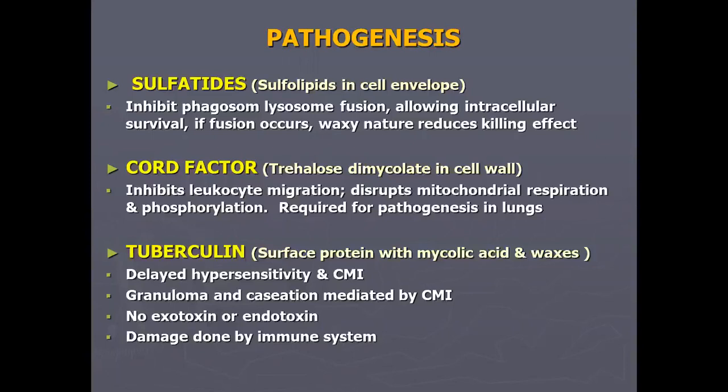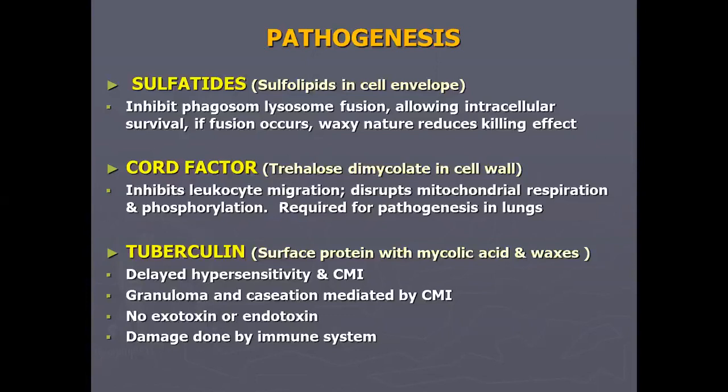Now what happens, once the organism enters into the body, it infects the alveolar macrophages along with other reticuloendothelial cells, and the organism survives and multiplies within the cellular vacuoles, what we call the phagosome. Now the phagosome and lysosomal fusion causes the destruction of the bacterial cell.